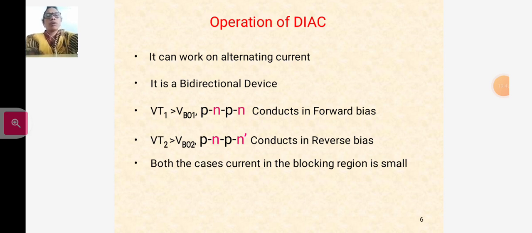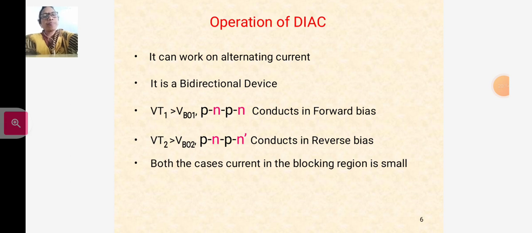Here VT1 means the terminal voltage of T1 is always greater than VBO1, the breakover voltage at terminal 1, so PN conducts in forward bias. Same as in reverse bias, VT2, the terminal voltage at T2, is always greater than VBO2, the breakover voltage at terminal 2.